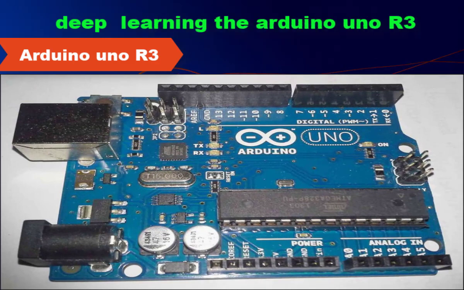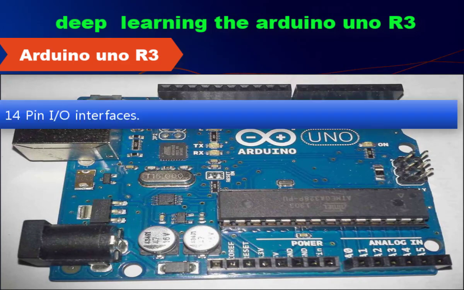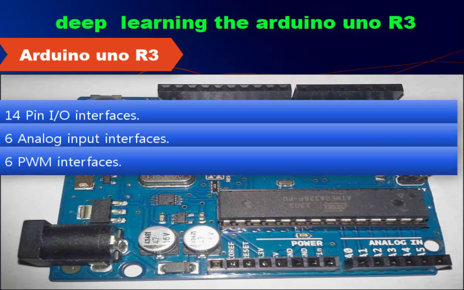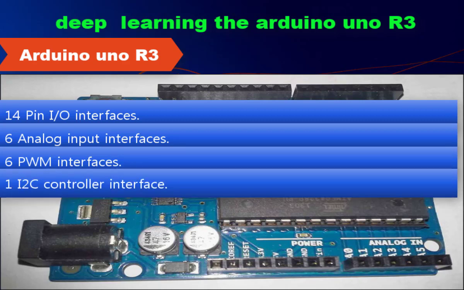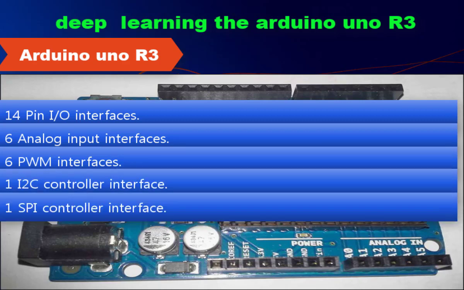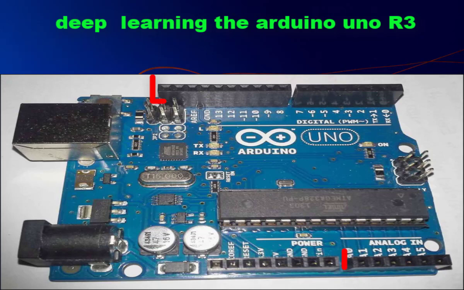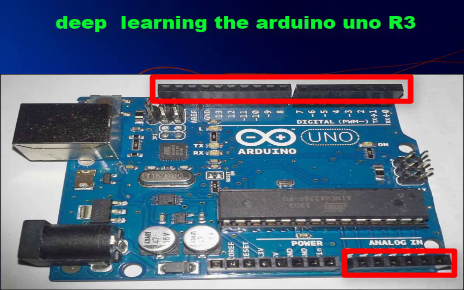A deeper look at the Arduino Uno R3. The Arduino Uno contains 14 digital input-output interfaces, 6 analog input interfaces, 6 pulse width modulation outputs, 1 I2C controller interface, 1 SPI controller interface, and 1 UART serial interface connected to the USB interface. The digital input and output sockets have a double use.